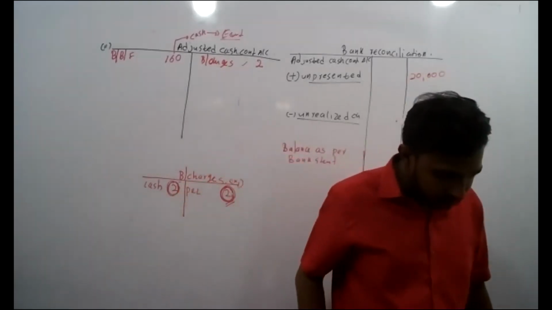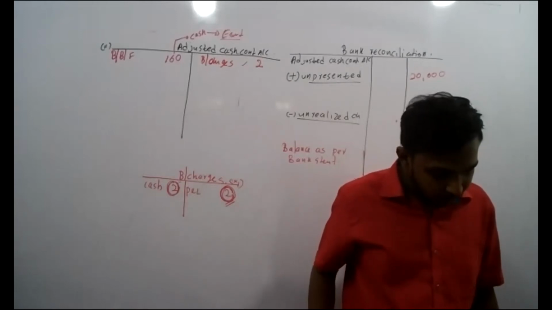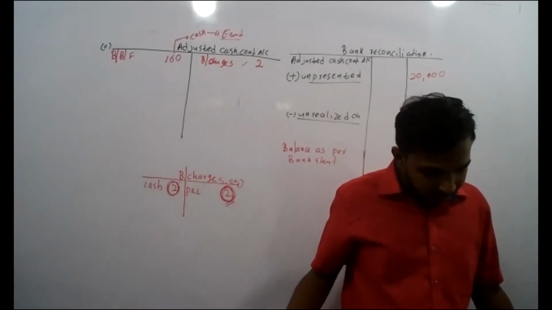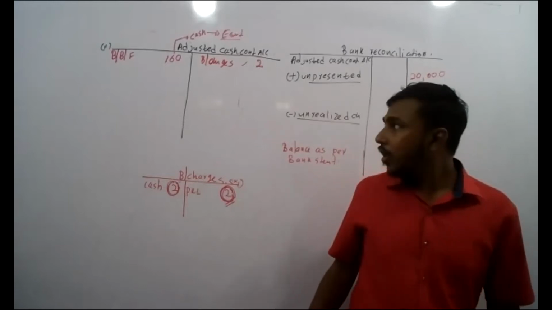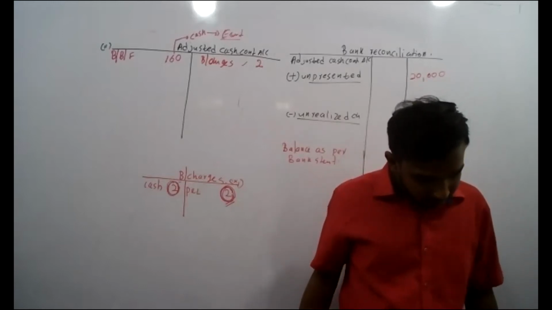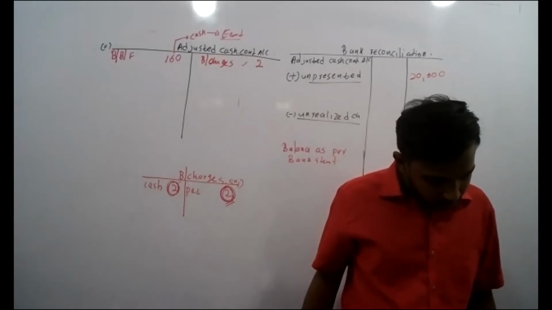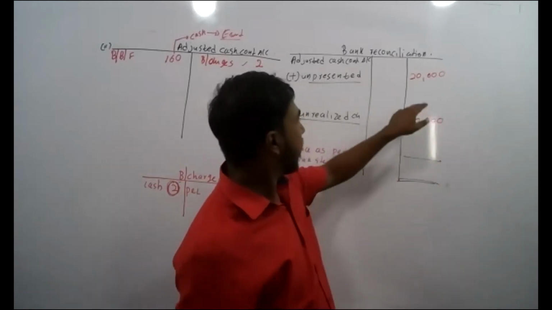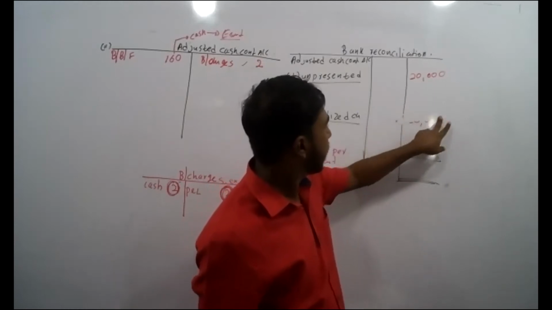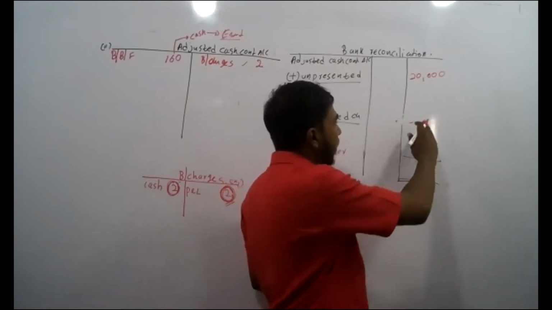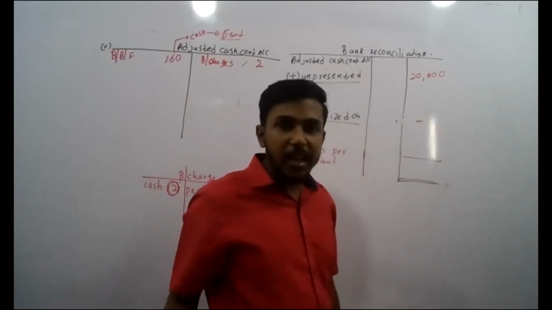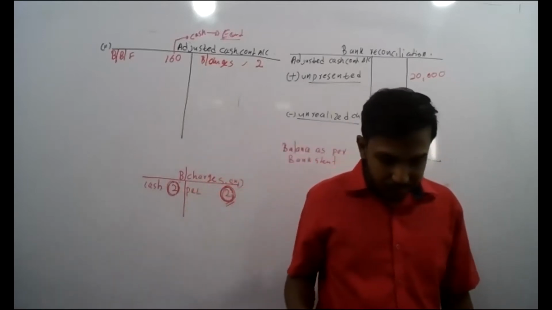What else? Property, plant and equipment depreciation. I missed one, right? There is no unrealized check. I made a mistake. 30,000. See, I made a mistake. I didn't read it.